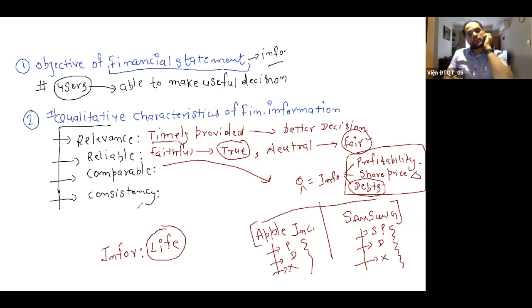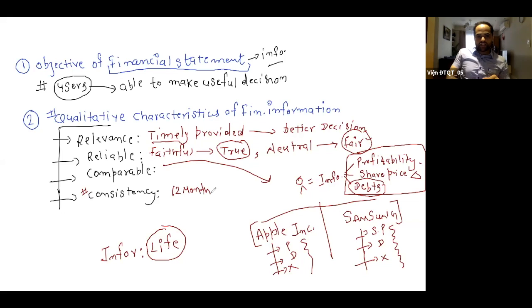Now move on to consistency. Consistency means, okay, let me give you one piece of information. Remember, whenever we prepare a financial statement, the time period of the financial statement is 12 months.